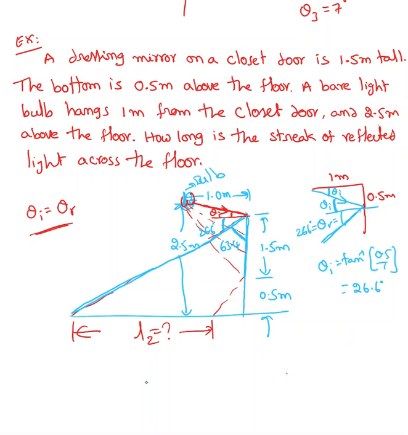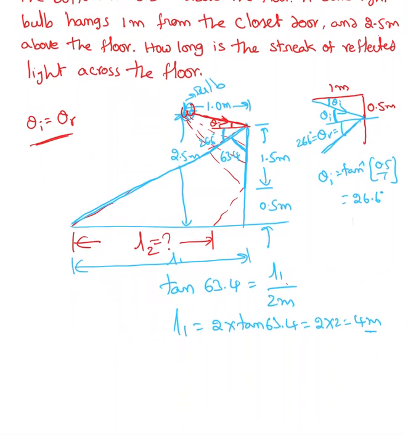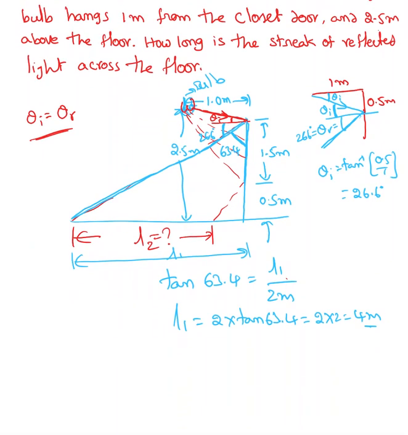So I need to take tan of 63.4 equal to the whole length, let me call it L1, over 2 meters. From there L1 equals 2 times tan 63.4, which is 2 times 2, so 4 meters. So the total length L1 equals 4 meters, but my goal is finding L2.